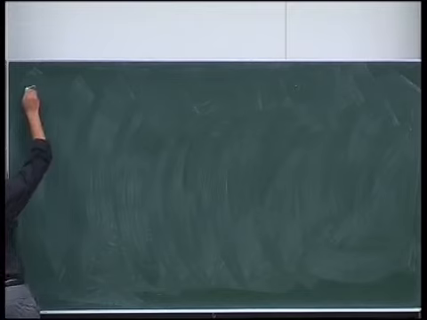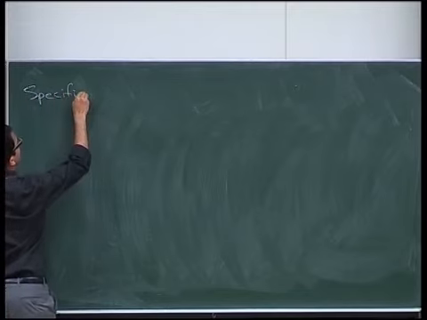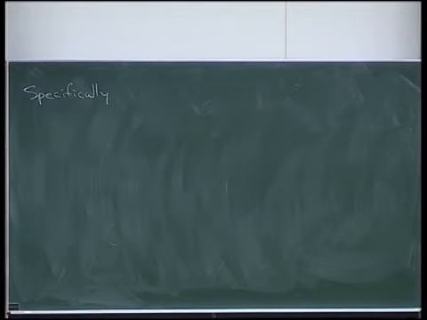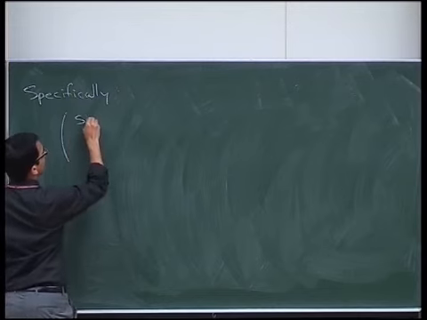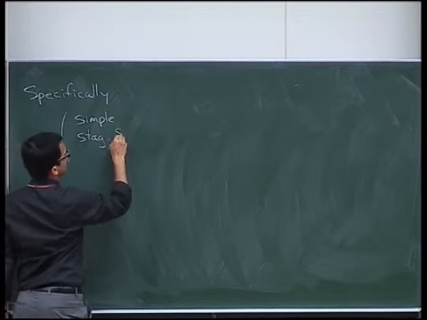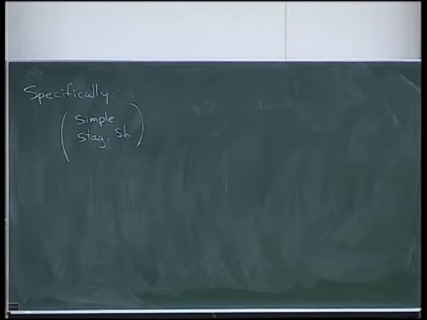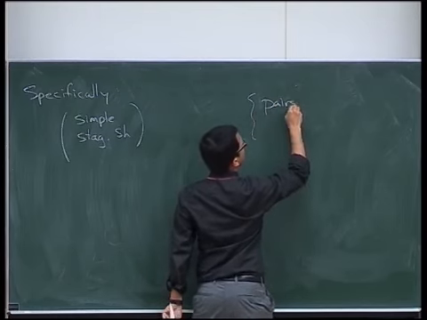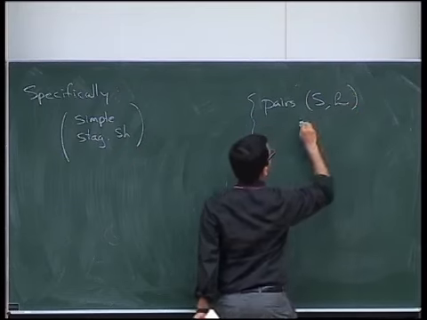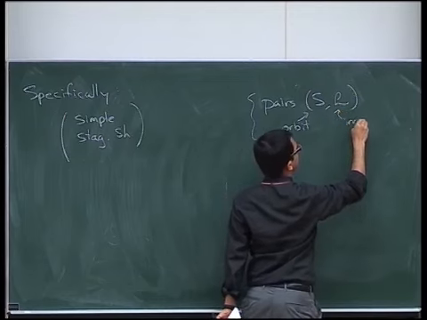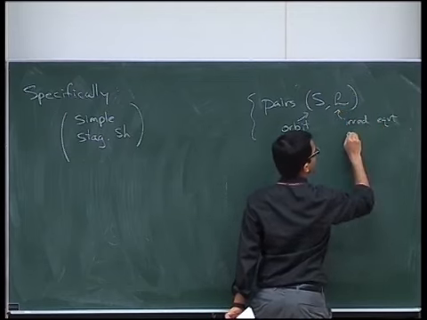Okay, so let me amplify this statement about simple objects. You can consider the set of isomorphism classes of simple staggered sheaves. They're labeled by pairs S, L, where S is an orbit and L is an irreducible equivariant vector bundle.